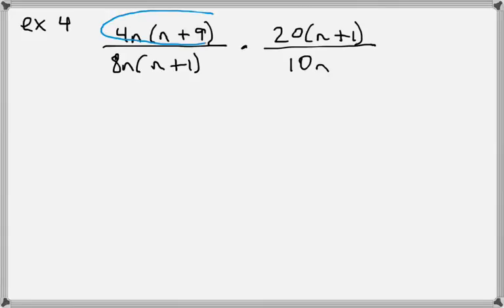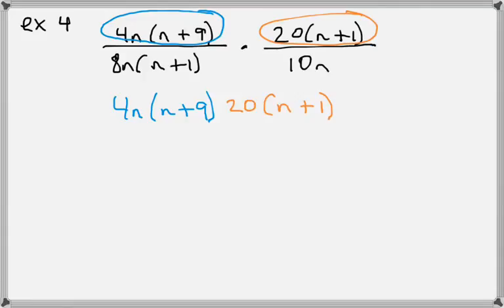I'm going to take this guy, and I'm going to multiply it by this guy. So I have a 4n and an n plus 9, and I have my 20 and my n plus 1. That is all in my numerator.